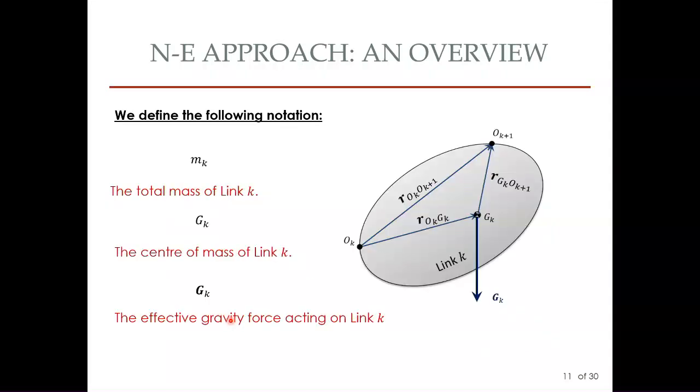Okay, now next we have MK, the mass of link K, the non-bold GK, which is the point of the center of mass of link K, and the bold GK, which is a force, the effective gravity force acting on link K. So this one is mk times the gravity constant g, as a vector, so in the right direction.